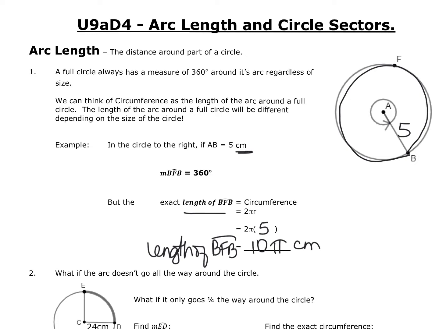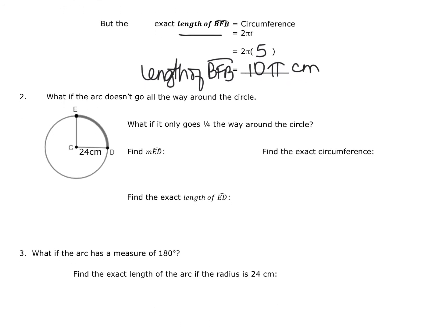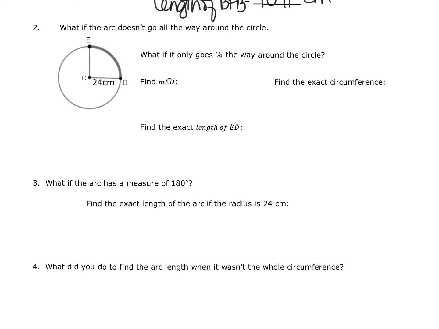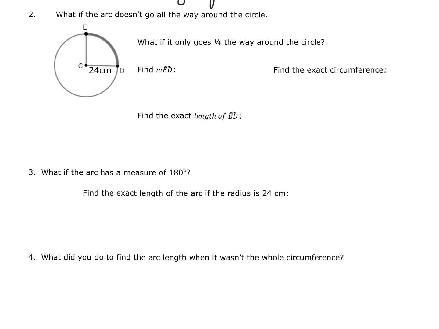So what if the arc doesn't go all the way around the circle? What if it only goes 1/4 of the way around the circle? So we find the measure of arc ED, which is in degrees. The measure of this arc is 90 degrees because it is 1/4 of 360.